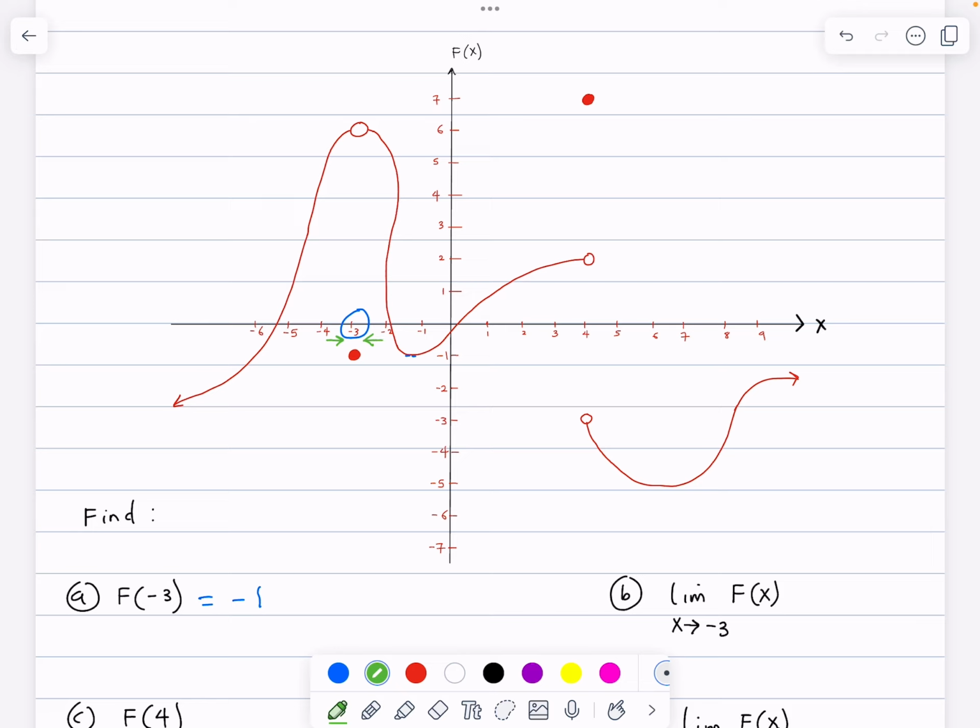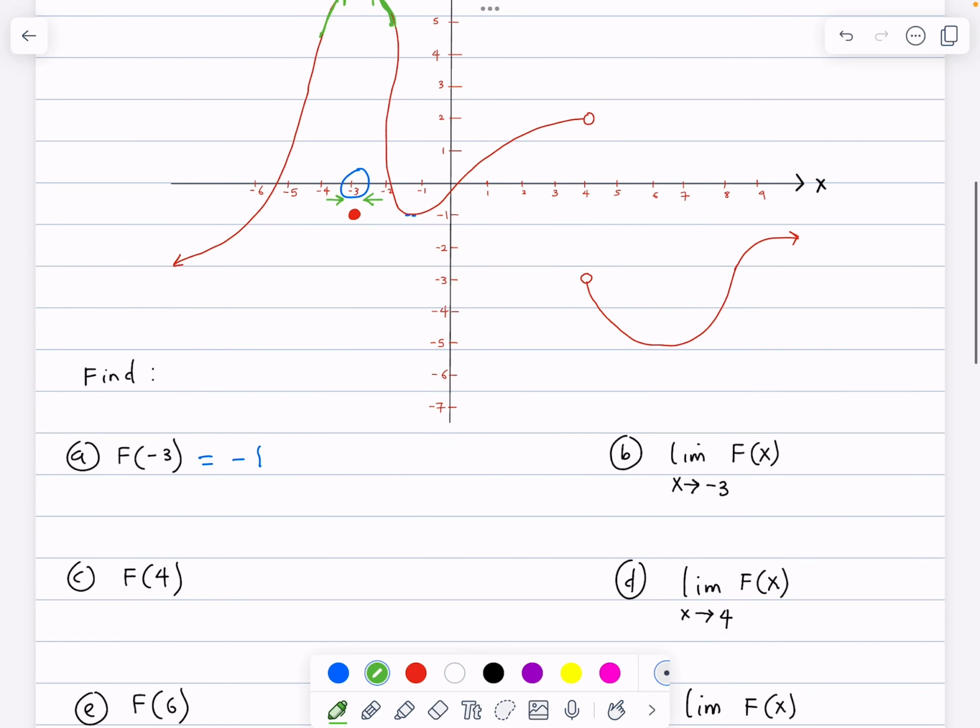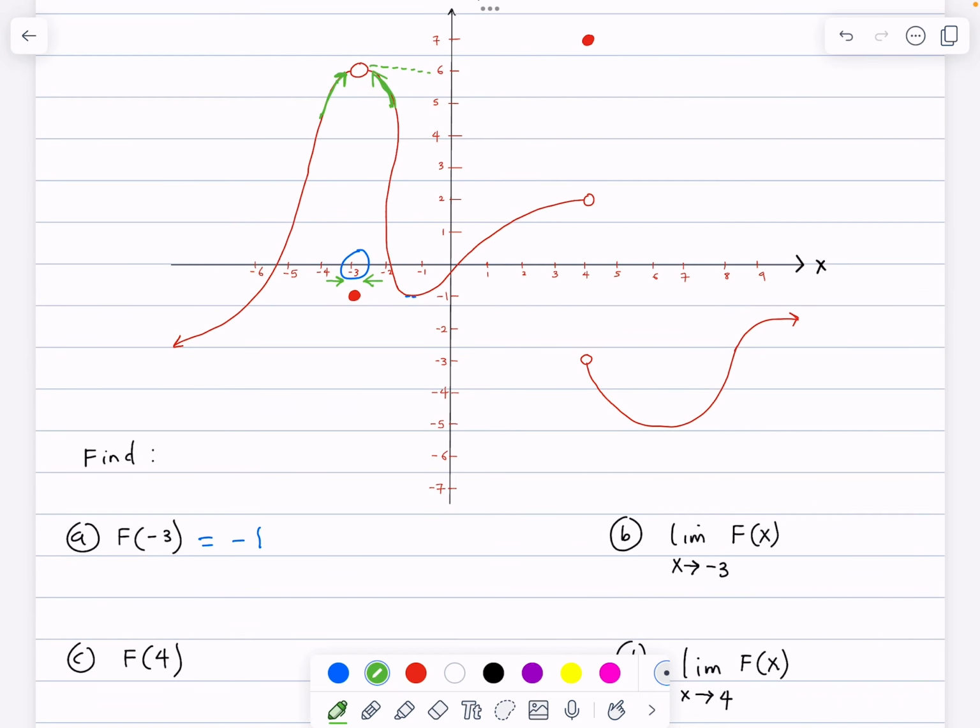On the graph, as you go from the left, what's the y value? And as you go from the right, what's the y value? Trace it down, the y value is going to be 6. So the limit is just going to be 6.